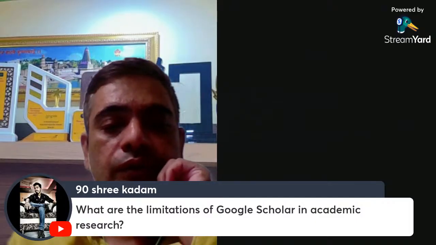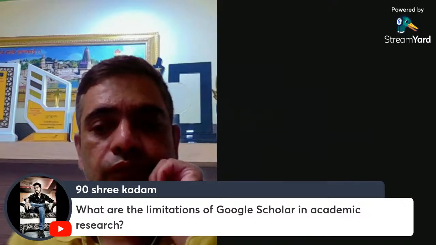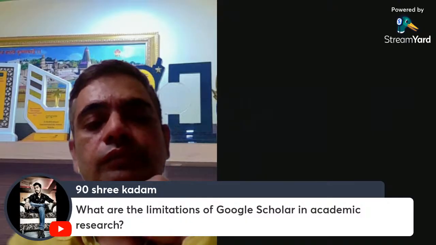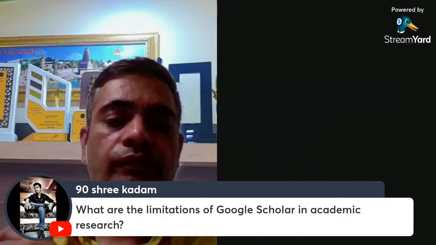Also for reliability, Google Scholar is more reliable for academic research because content is usually peer reviewed or published by credible sources that can be relied upon. But in Google search, credibility varies, and there might be biased sources. So I would prefer Google Scholar above Google search.